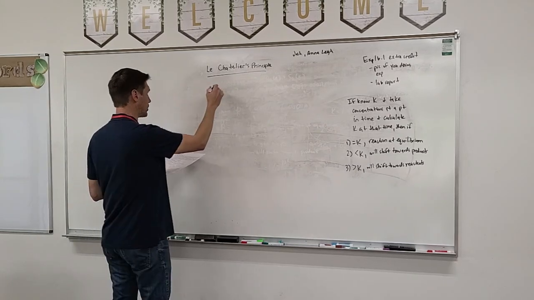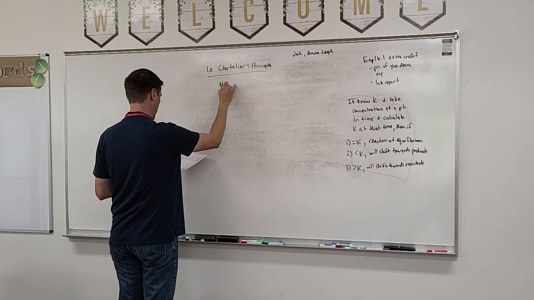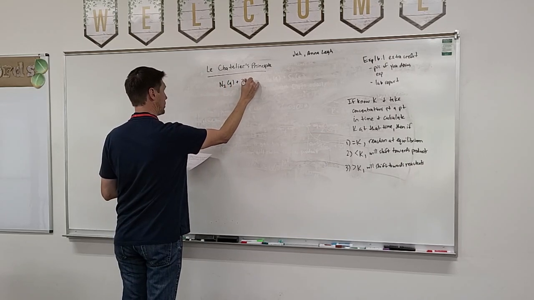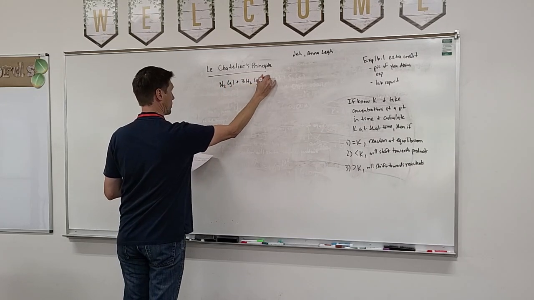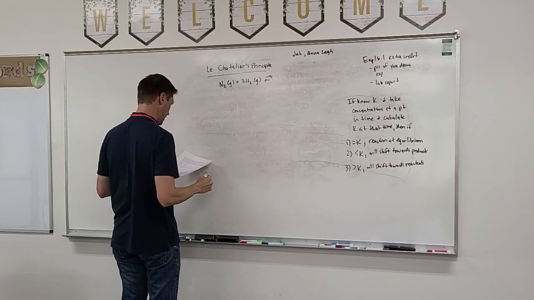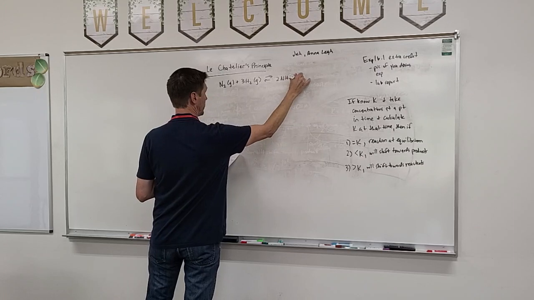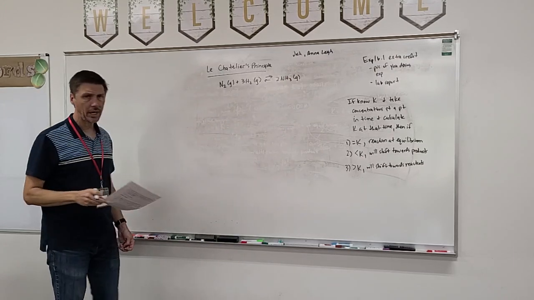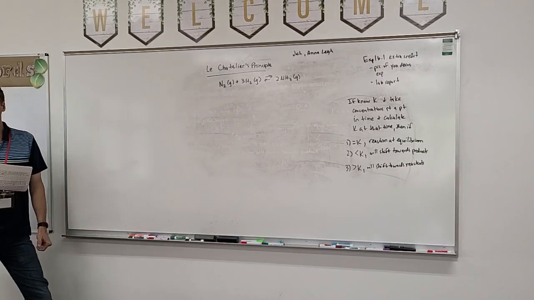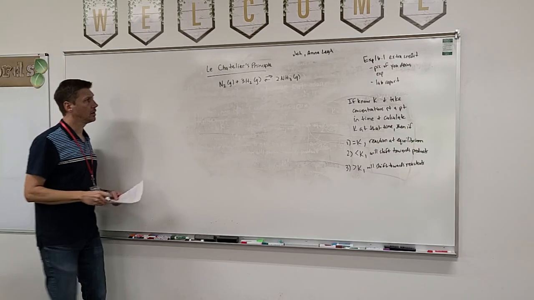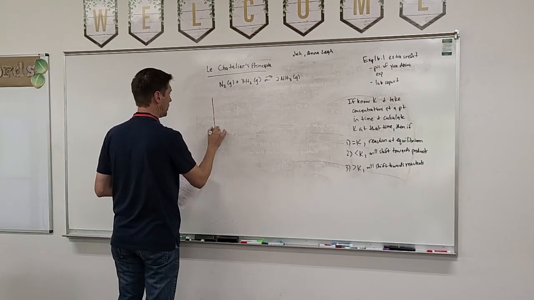a scenario like this. So let's say we have this equation here, N2 as a gas, plus 3H2 as a gas, equilibrium reaction, 2NH3 as a gas. And we're going to write down the graph of this initially.